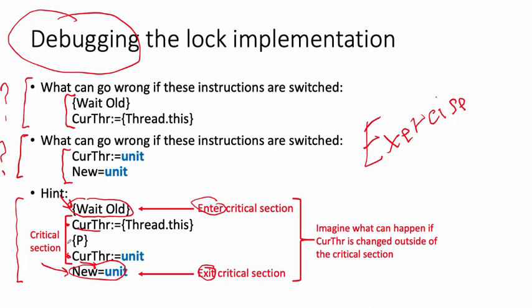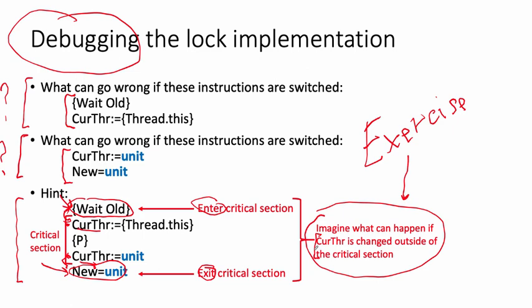So that's the theory of why they have to be inside. But a very good exercise for you. Imagine what could happen if these two instructions are switched. What happens if cur-thread is changed outside of the critical section?